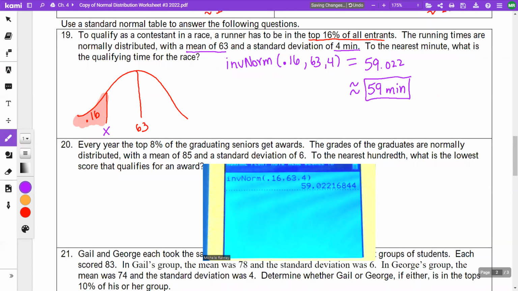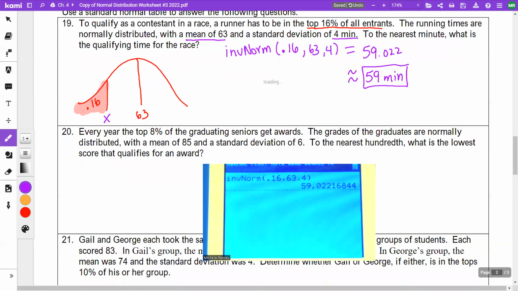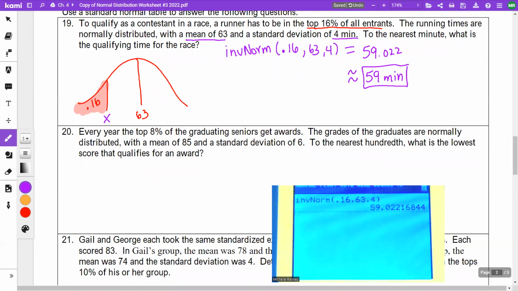Okay, on the next one, every year the top 8% of the graduating seniors get awards. The grades of the graduates are normally distributed with a mean of 85 and a standard deviation of 6. Now, in this case, if my mean is 85, I want to figure out where it would be so that I'm in the top 8%. So in this case, I'm over here.